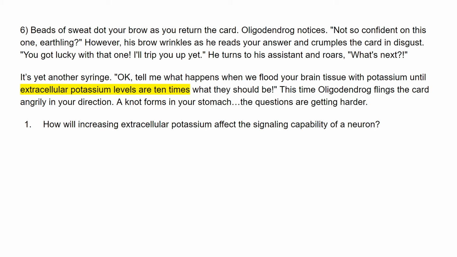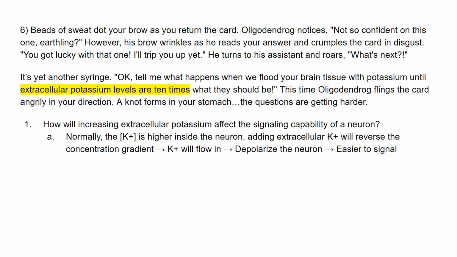But if we're increasing the potassium levels, we're essentially reversing the concentration gradient. So we're making the concentration of potassium higher outside of the neuron, which is going to cause potassium to flow into the neuron. A positive thing flowing in would depolarize the neuron, which makes it easier to send a signal.